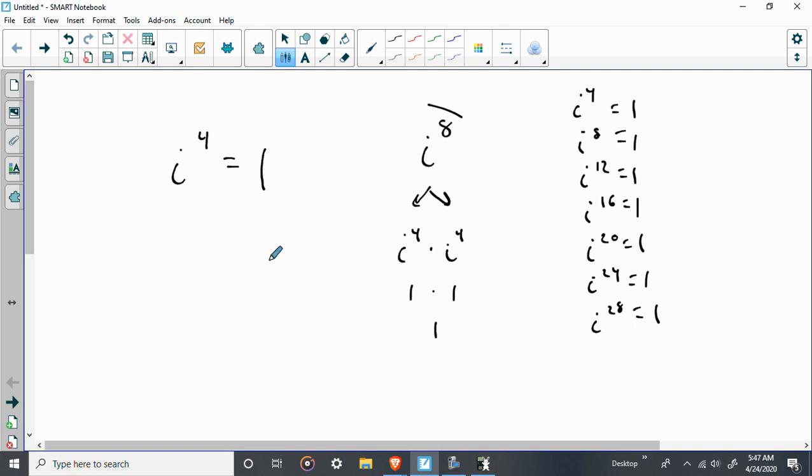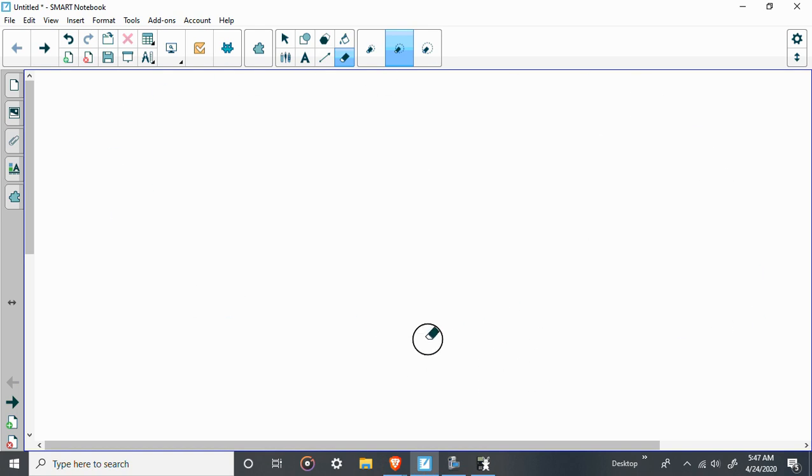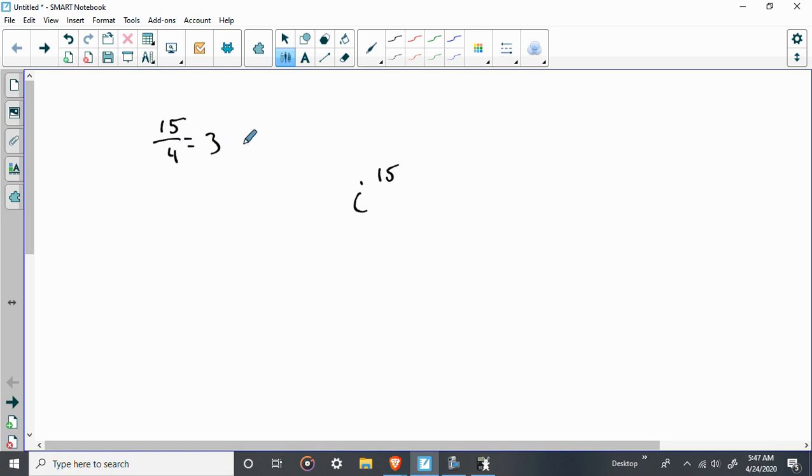It's everything else that we're really worried about. When you're given other numbers, you want to look for either a remainder or the decimal. So what if I said i to the 15th? Now 15 is not divisible by 4. 15 divided by 4 is equal to 3, and then you either have a remainder of 3, or sometimes we express it as a decimal, 3.75.